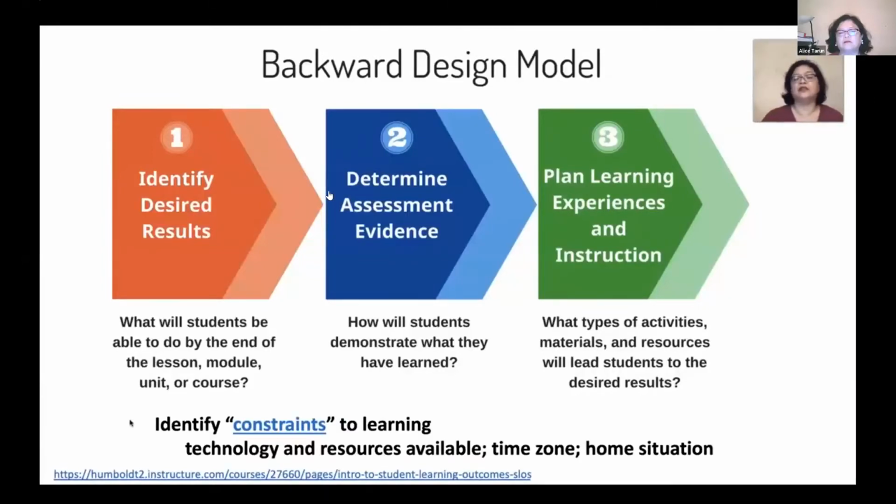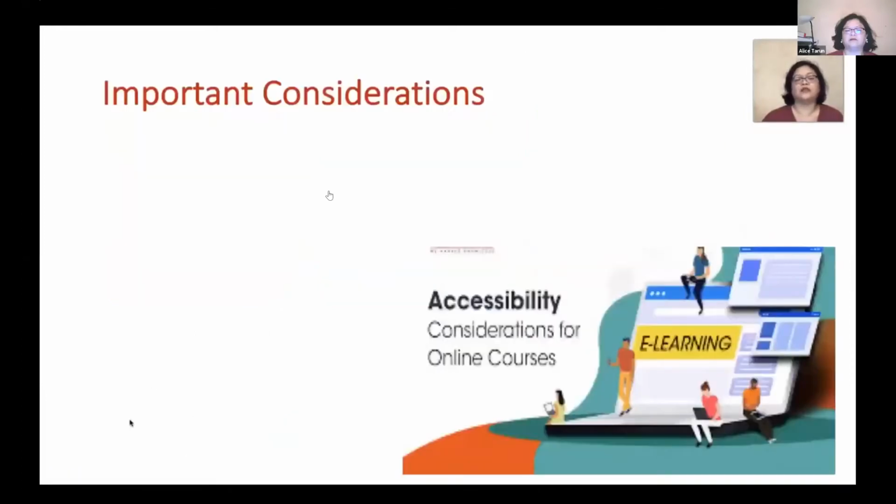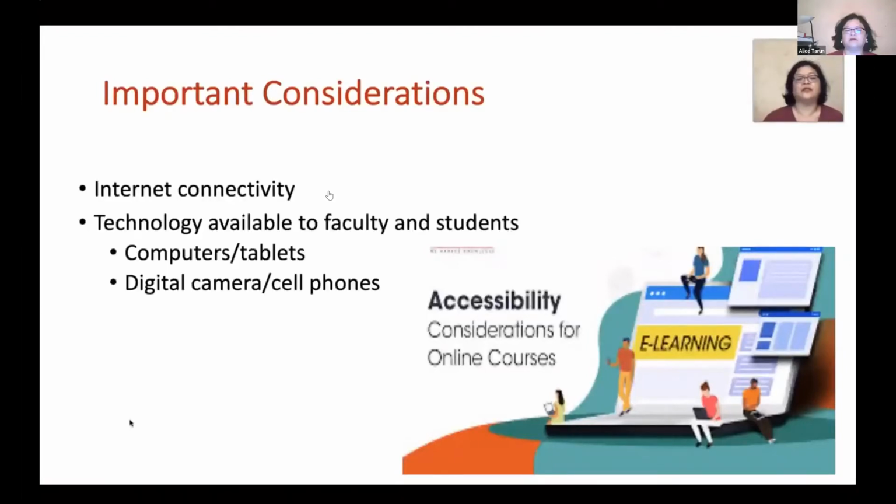But there is an increased challenge with teaching online in that we have to be cognizant of the constraints that technology and resources impose on online teaching. So we have to be aware that not everyone has equal accessibility for online courses.